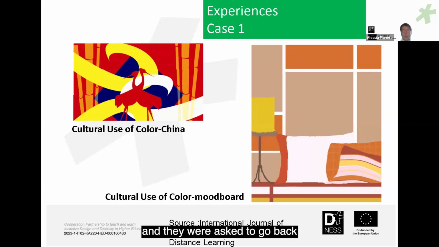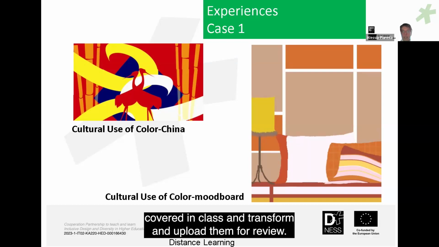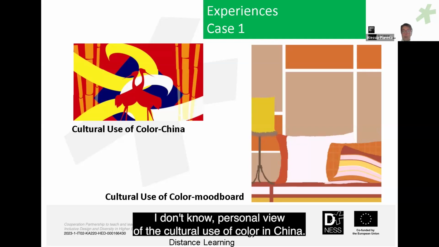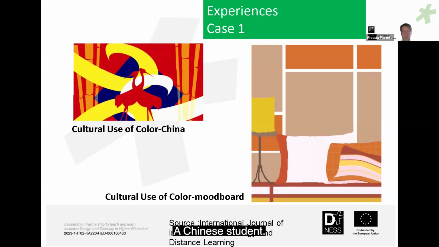And they were asked to go back to their own communities to capture digital images and content already covered in class and transform and upload them for review. As you can see in the image, there is an illustration, a drawing, where a student conveyed his or her, I don't know, personal view of the cultural use of color in China, a Chinese student.